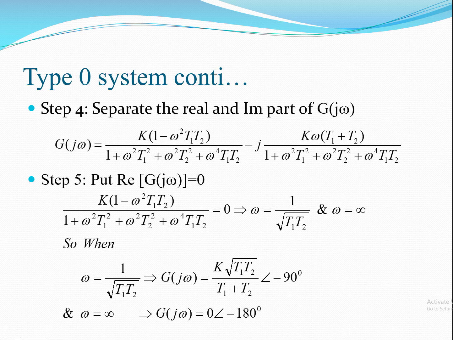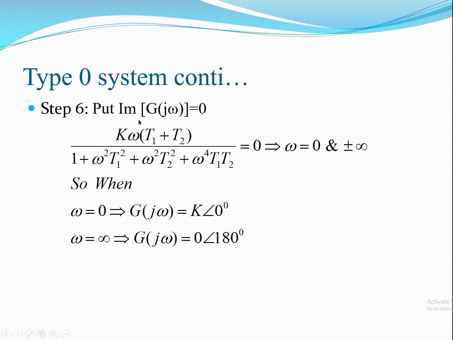Okay, the polar plot will also intersect your real axis, which we found out by putting the imaginary part equal to 0. The polar plot will intersect at frequency equal to 0, and the magnitude of intersection with the real axis is nothing but k, and the phase angle is 0.